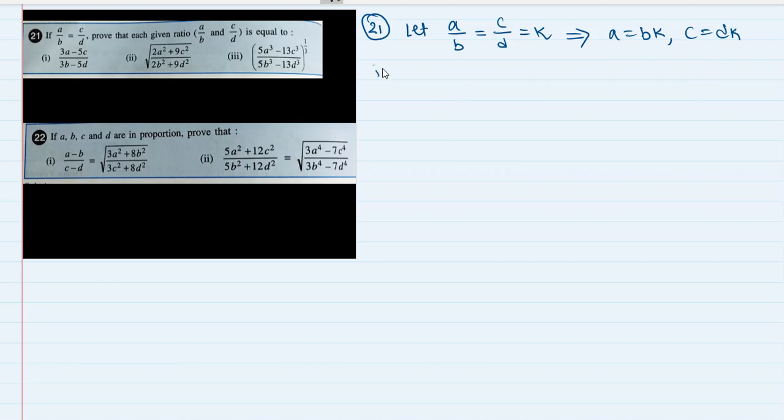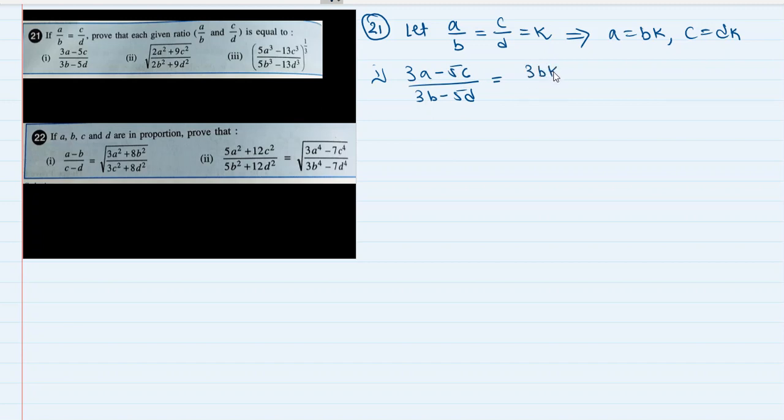Now see, what is the first thing we have to prove? 3A minus 5C upon 3B minus 5D. We have to prove that this ratio is equal to A by B is equal to C by D. That means this ratio is nothing but K. In the place of A, I will put BK.